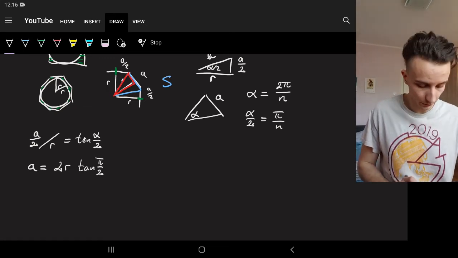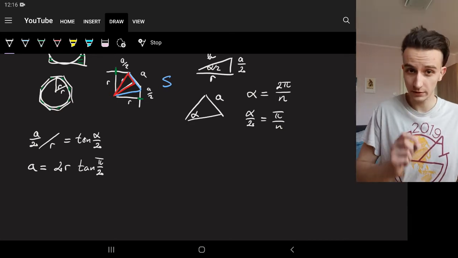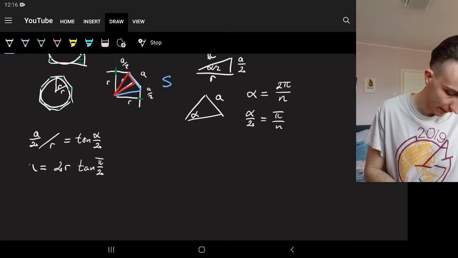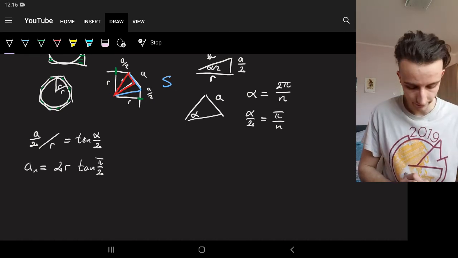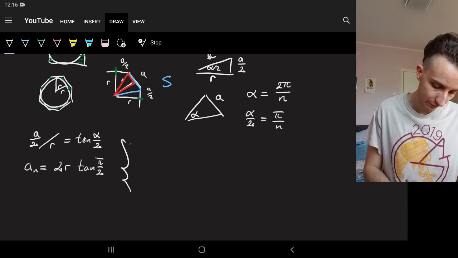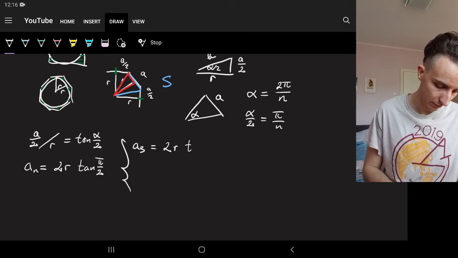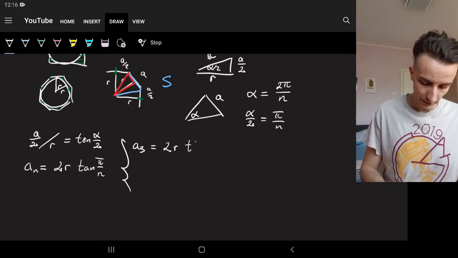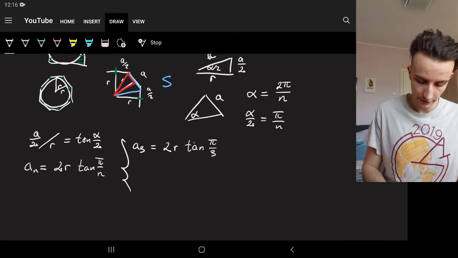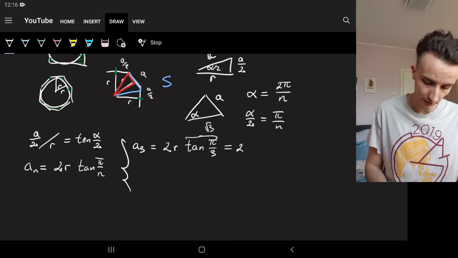Now I'm going to denote a with subscript n. So a subscript n is 2r tangent pi over n. Now let's have a look. For example, a3 would be 2r tangent of pi over 3. Tangent of pi over 3 is square root of 3. So that would be 2r square root of 3.